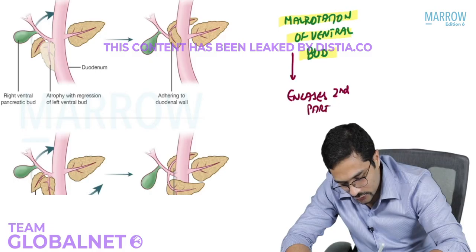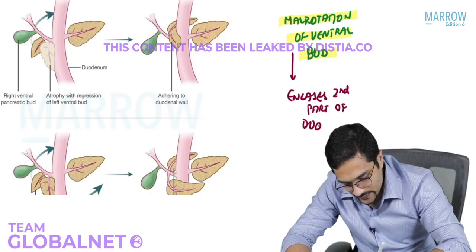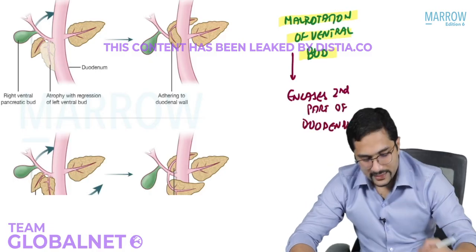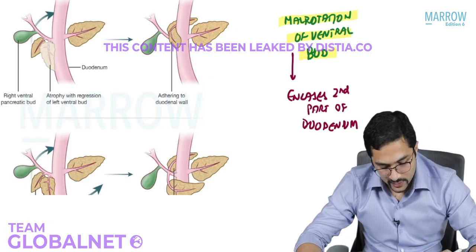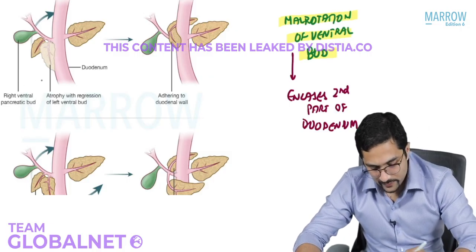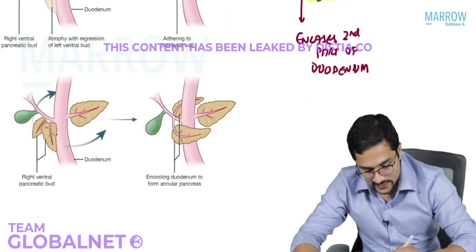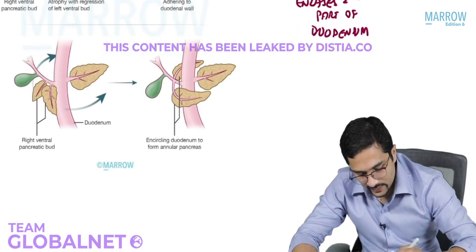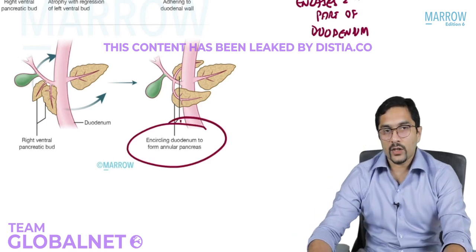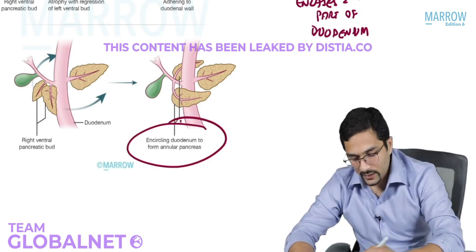So the pancreatic tissue is going to encase the second part of the duodenum, and that gives rise to an annular pancreas. So you can see here that this ventral pancreatic duct, when it rotates, is going to completely encircle the duodenum. It encircles the duodenum, and that gives rise to annular pancreas.